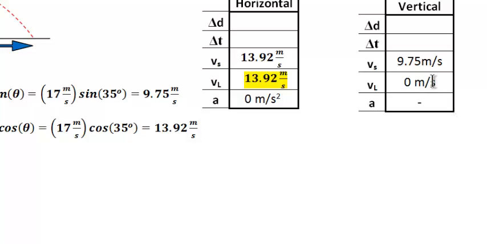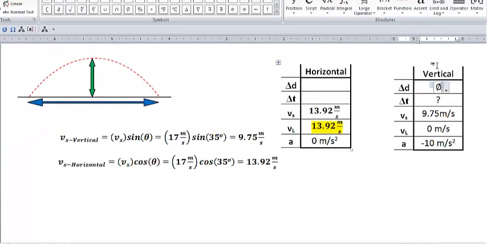And acceleration, since the ball is going up and acceleration is pulling it down, they are in opposite directions. It is negative 10 meters per second squared. We have been asked to find time, which means we neither know nor care about displacement, which leads us to the formula that has no displacement.